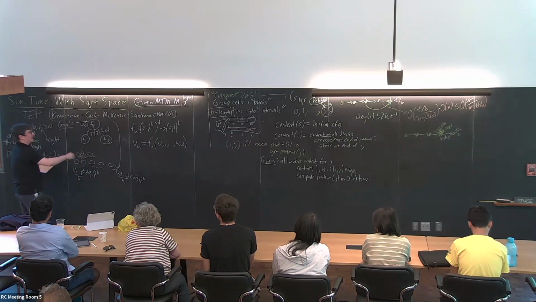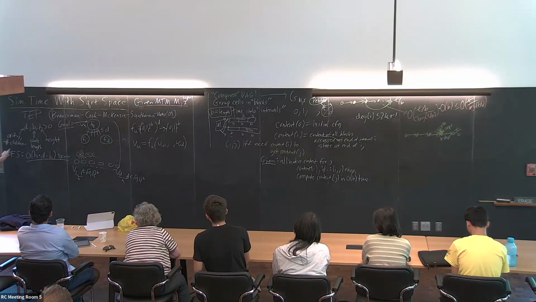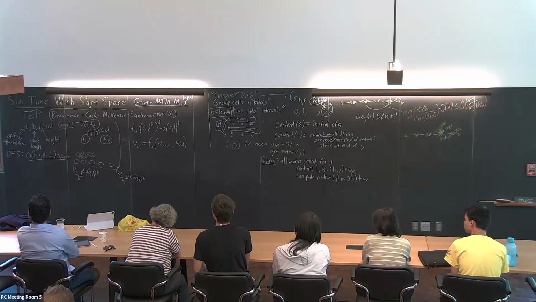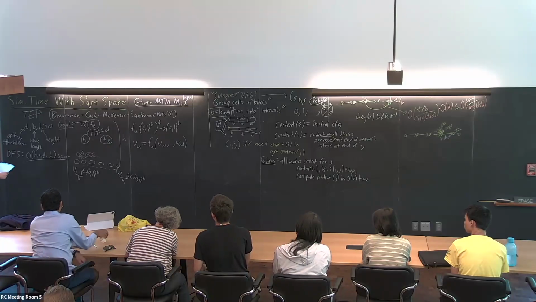Graverman, Cook, McKenzie, Santana Bear looked at pebbling and generalizations of pebbling and showed that effectively this DFS is about the best you can do in lots of cases, even some generalizations of pebbling.